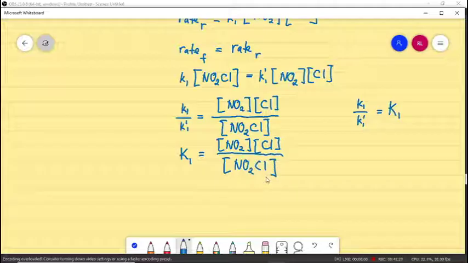Okay, so that's it. So this is our equilibrium expression for the first step.